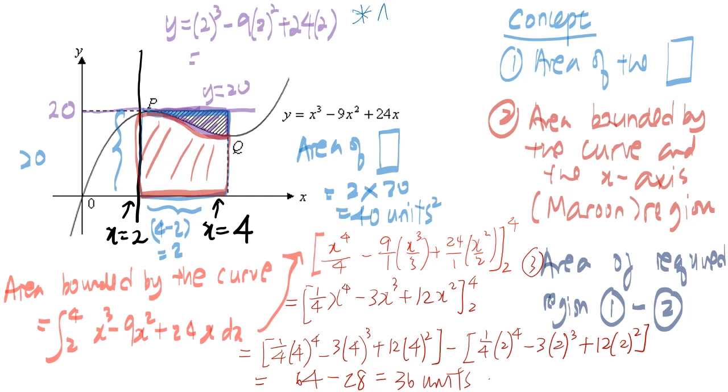So therefore the area of the required region will be the area of the rectangle, which is 40, minus the area under the curve, which is 36, and the area of the shaded region will be 4 units squared. That is the area of the required shaded region.